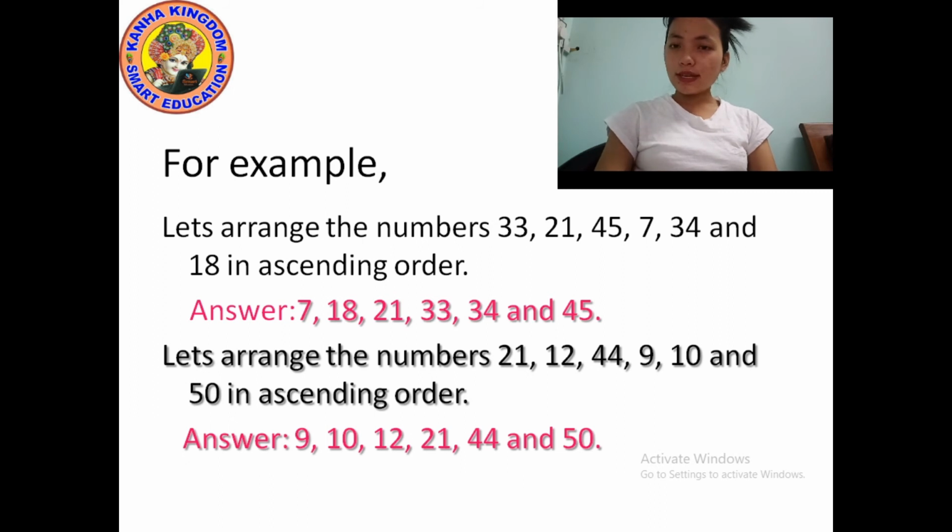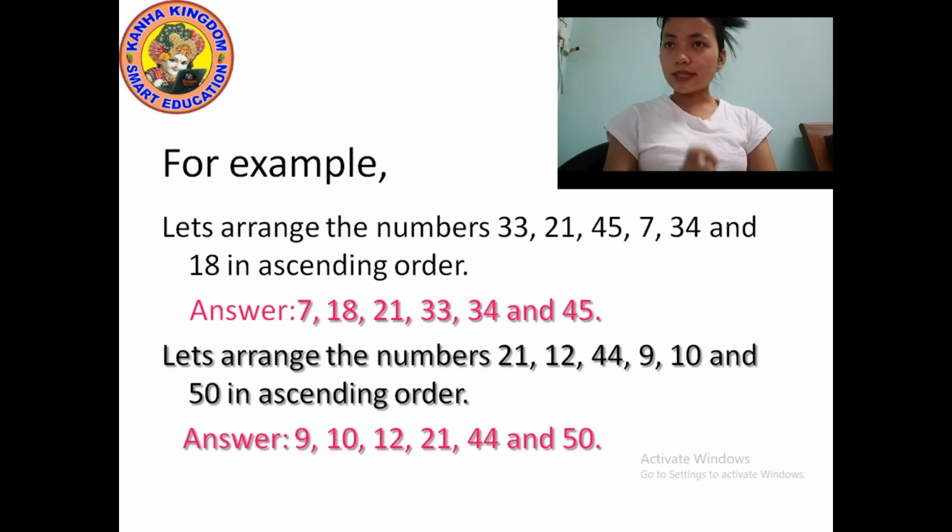So you have to write 7 first, because ascending order means arrangement of numbers from smallest to biggest. You have to write the smallest number first, then the bigger numbers, right? So smallest to biggest starts with 7, from the numbers 33, 21, 45, 7, 34 and 18.